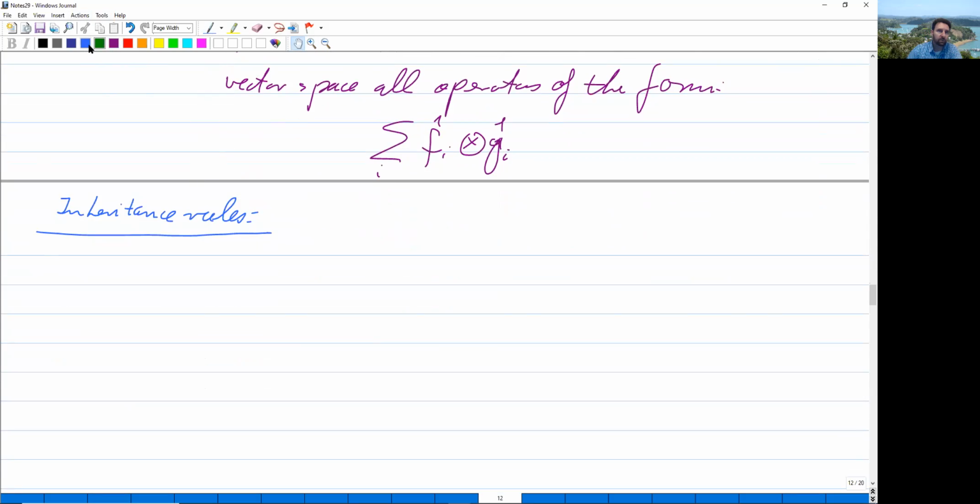So the inheritance rules are now that alpha f hat A tensor f hat B is equal to alpha f hat A tensor f hat B, and I hope you recognized how similar this is to what we had for the Hilbert space vectors.